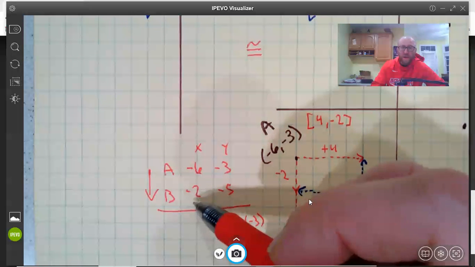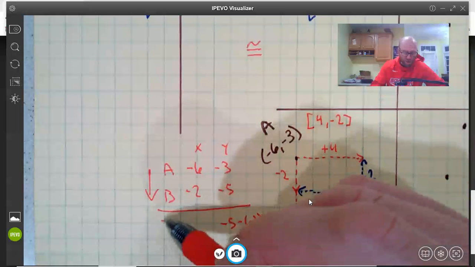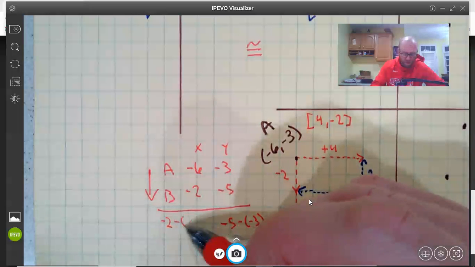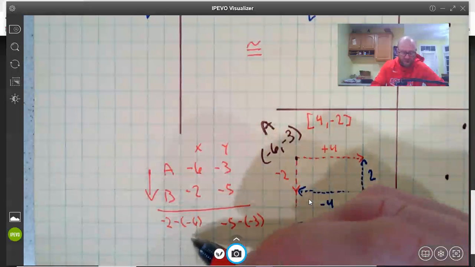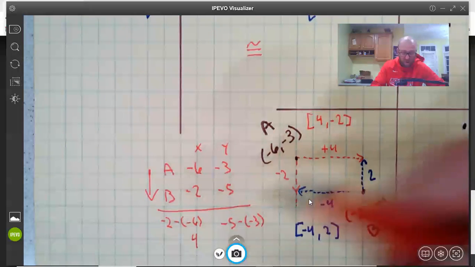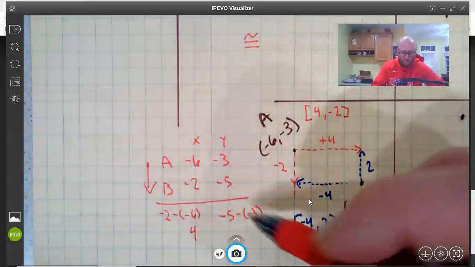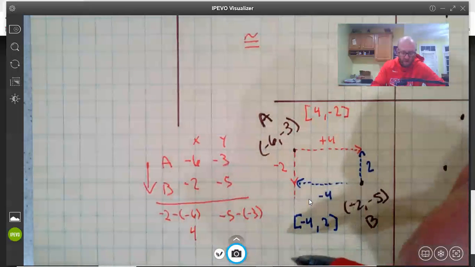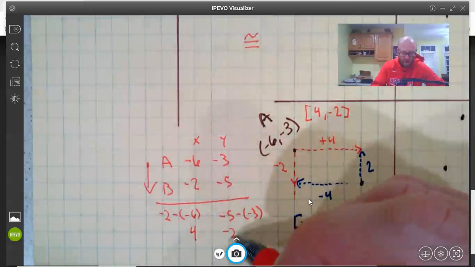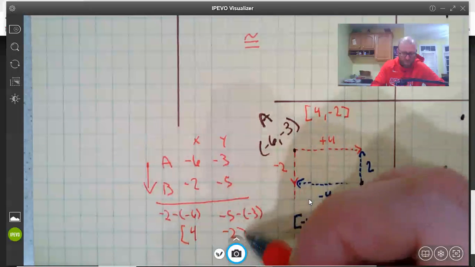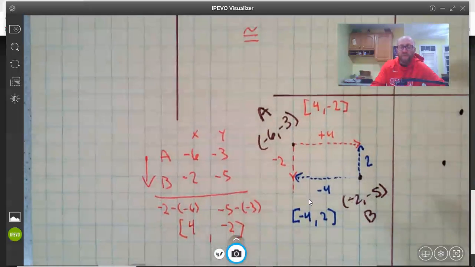And over here, end minus start equals change: -2 minus -6. -2 minus -6 is a +4. And -5 minus -3 is a -2. So there's our displacement vector going from A to B.